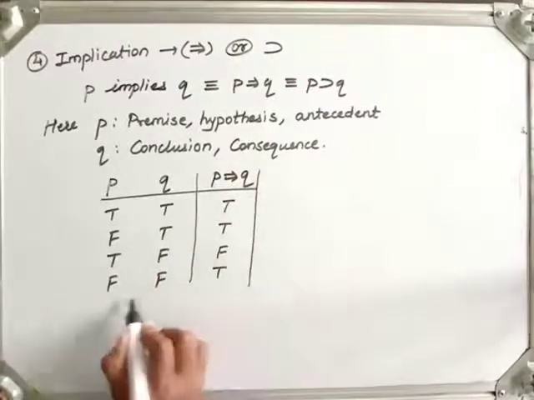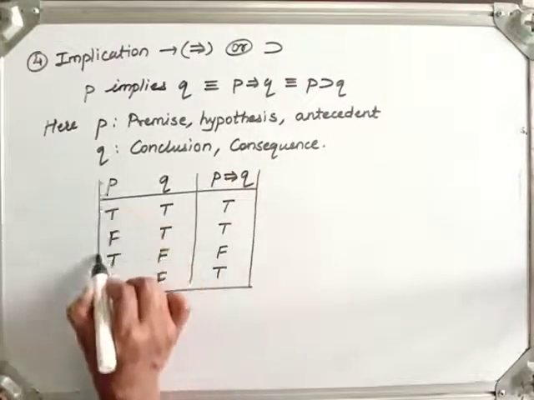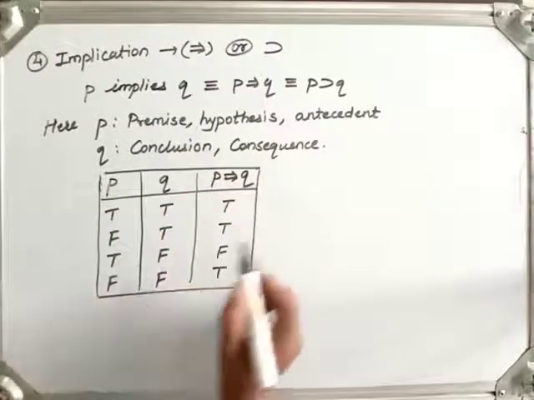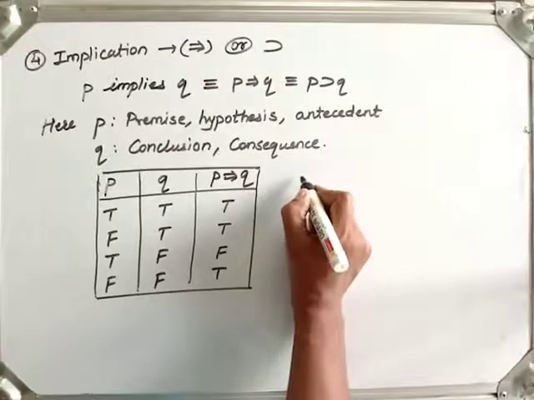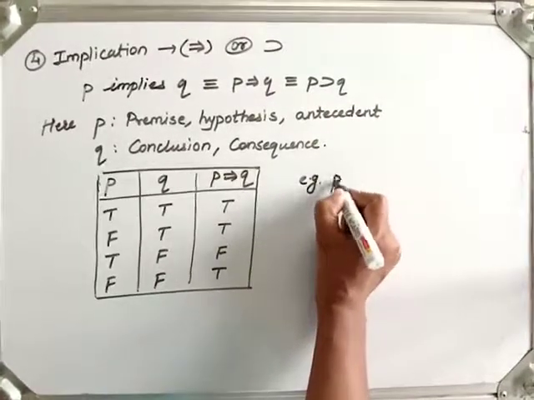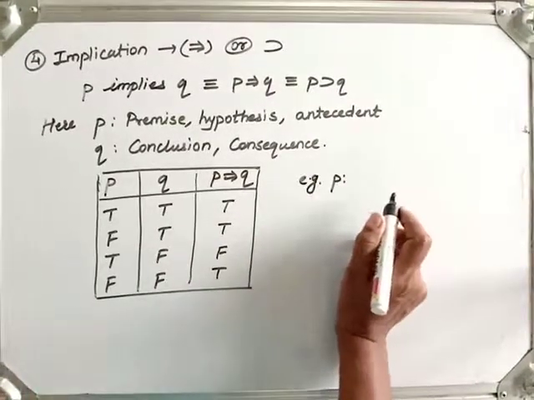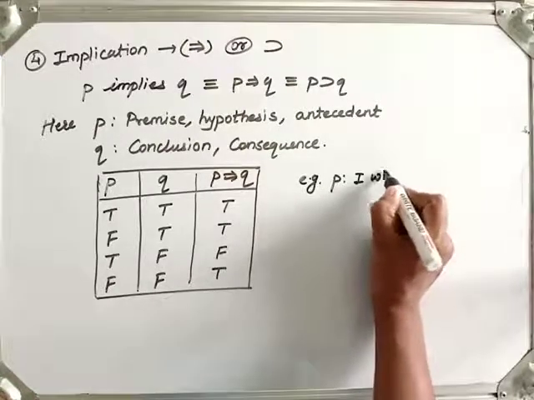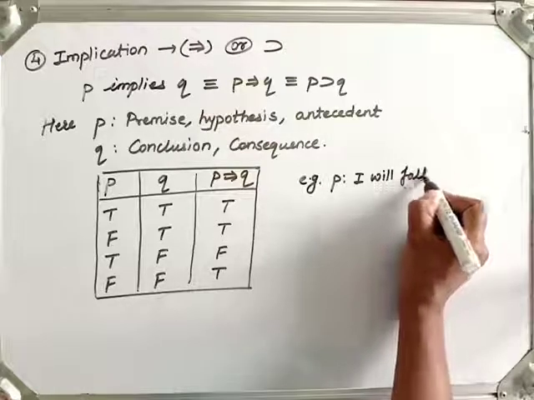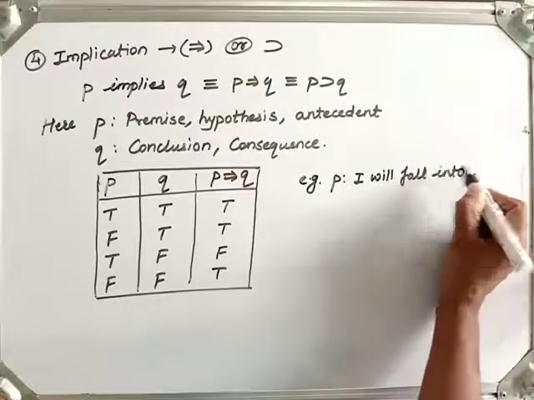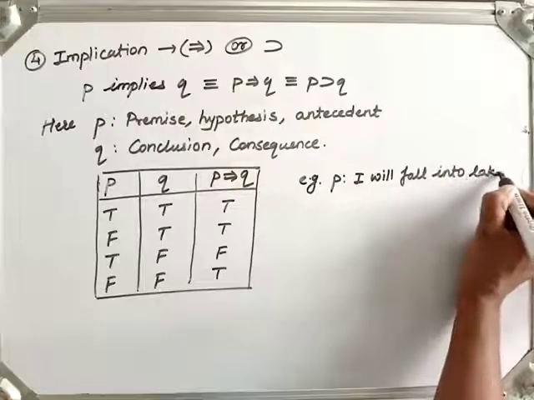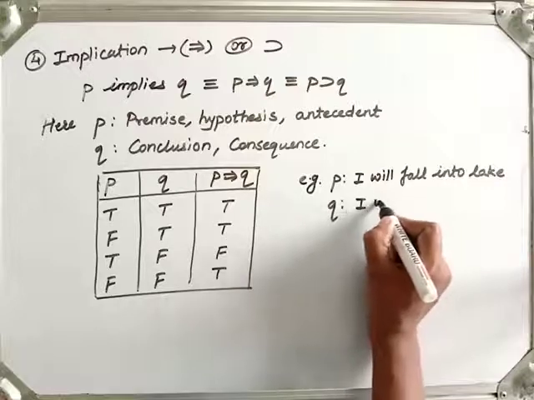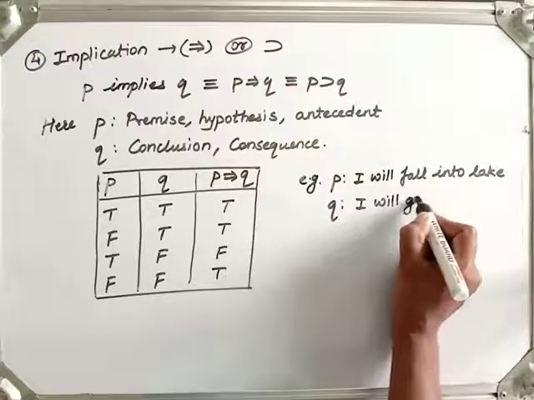For this one, if you have a doubt, let me take an example. Suppose my statement P is that I will fall into the lake, and Q is that I will get wet.